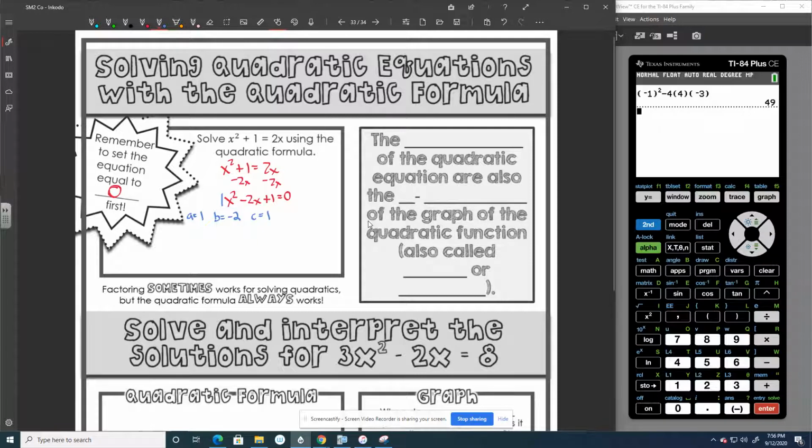Now, when I plug those into my quadratic formula, x equals the opposite of b. So my -2 changes to a +2, plus or minus the square root of -2 squared minus 4 times a, which is 1, times c, which is 1. I'm going to put all of that under my root, all divided by 2 times a, which is 1.